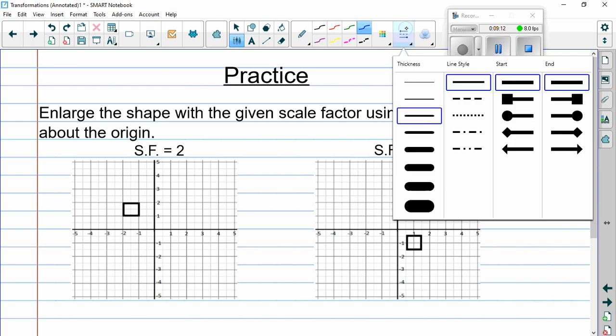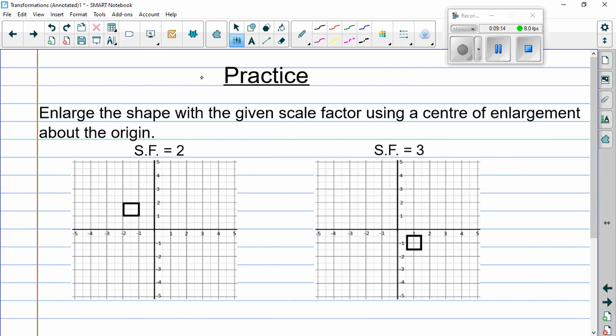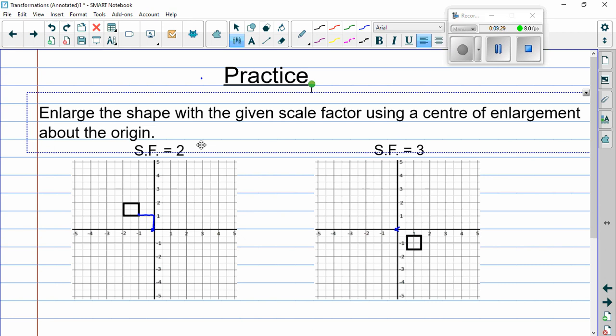So welcome back. We're going to go through these 2 practice problems with this center at the origin. So we're going to mark our center at the origin. Then we're going to choose a corner. This is 1 over and 1 down. So this is scale factor of 2. So we know that those are going to become 2.